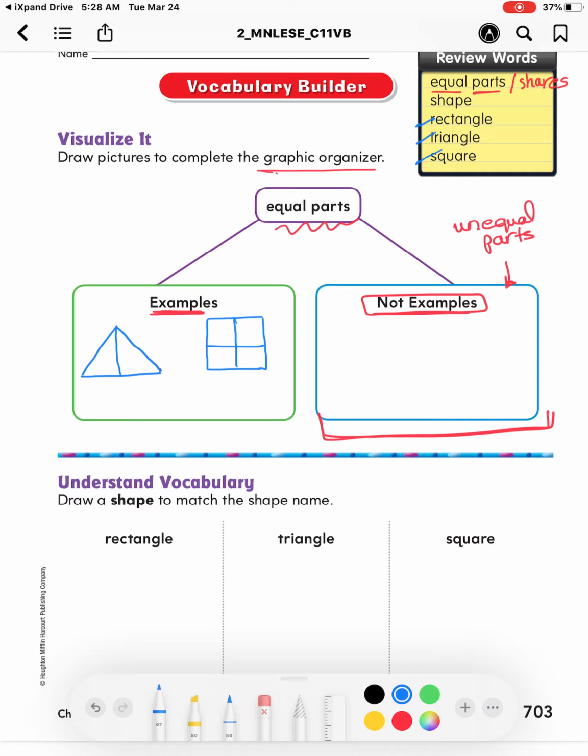This is also an example of a square that is divided into four equal parts. Because remember, to have equal parts is not about dividing the shape into half. You can divide it into many parts as long as those parts are equal. So here, for example, we have quarters.